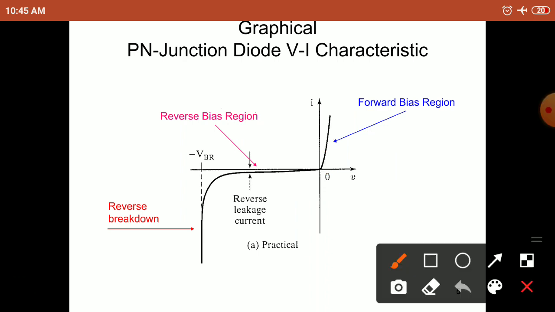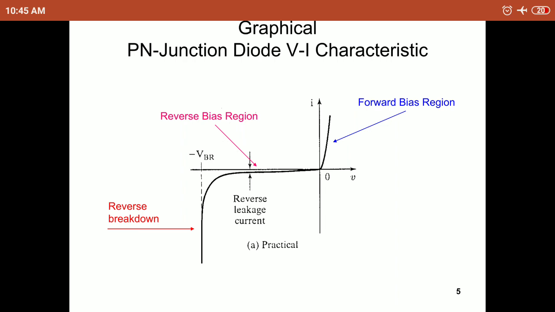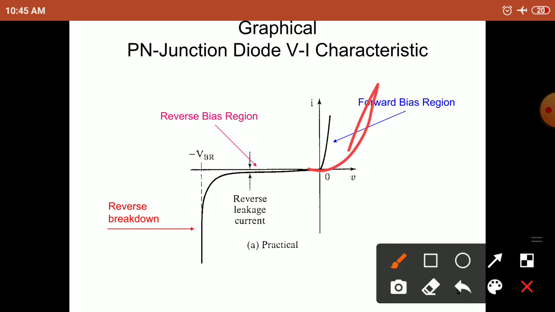In the reverse biased region, we apply a negative voltage to the anode terminal, that is, the minus supply voltage is applied to the anode and the cathode is positive. That is why the reverse current flows. Here the forward current, the positive current, is flowing, and here the reverse current flows. The forward current flows from one terminal to the other because of the forward operation of the switch.